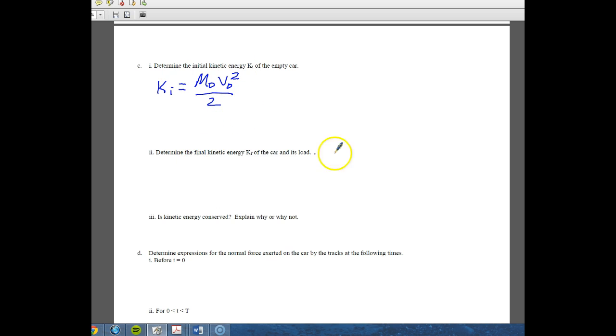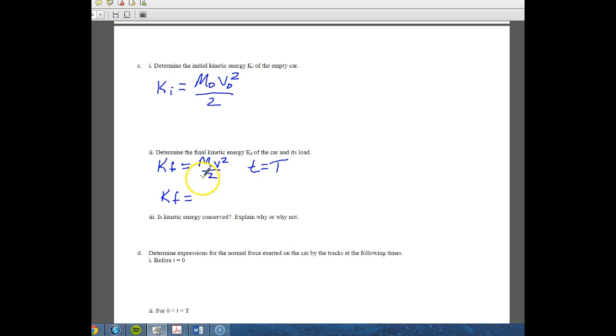They then want us to determine the final kinetic energy of the car, Kf, of the car and its load. So we know that the final kinetic energy should be equal to m, so that's the final mass, times v squared divided by 2, that's just 1/2 mv squared. We also know that little t is equal to big T, so here we're going to say Kf.